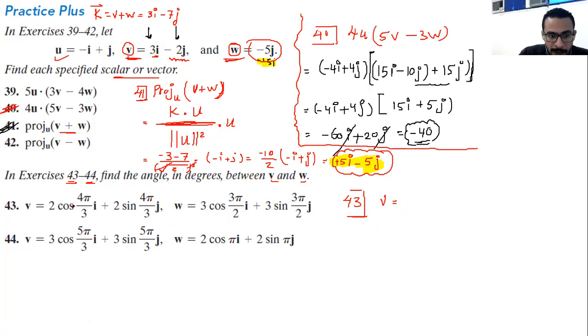Write V first as 2 cosine 4 pi over 3 i plus 2 sine 4 pi over 3 j.